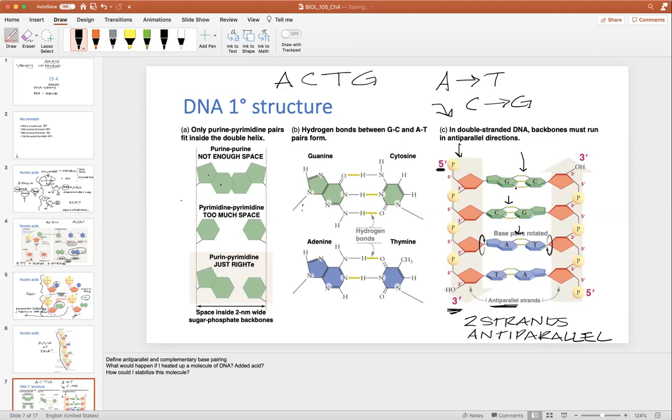So hydrogen bond here, hydrogen bond here, here, here. Notice that if you are talking about the guanine-cytosine association, you can make 3 hydrogen bonds. If you're talking about the adenine-thymine association, you can make 2 hydrogen bonds.